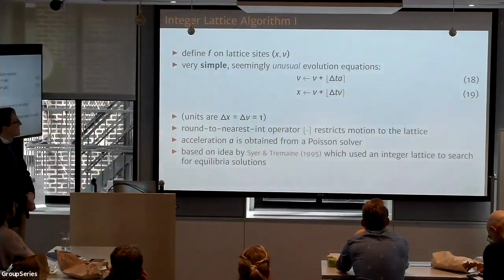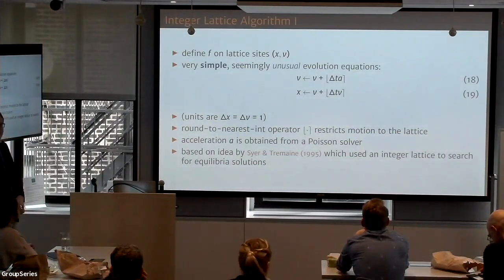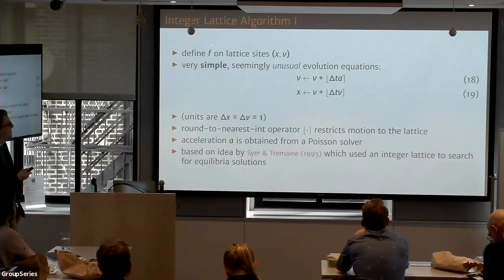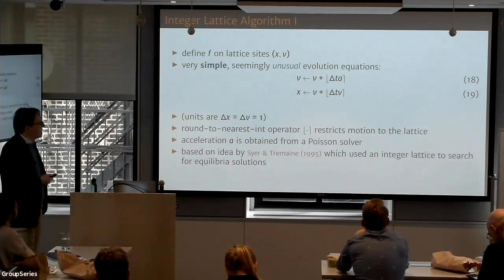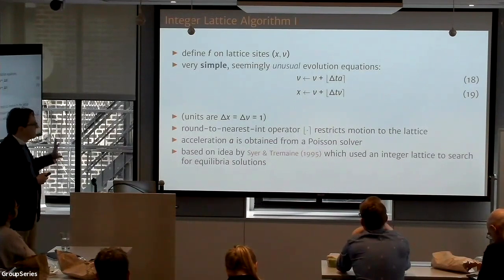So here, I'll talk about a discretization that might sound a little bit unusual at first, and quite simple. We're going to define a set of lattice sites, and your density distribution function, F, is going to live on these lattice sites. To evolve them, all we're going to do is apply permutation operators that cyclically permute your space.